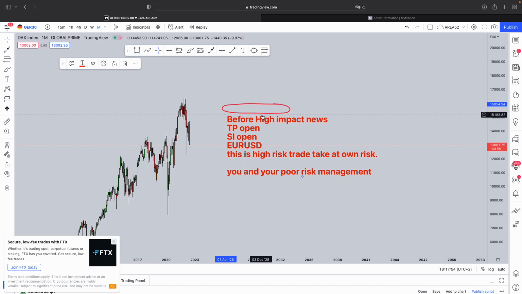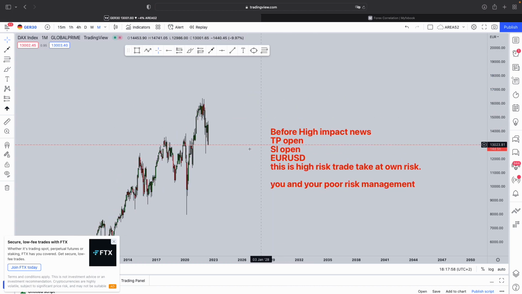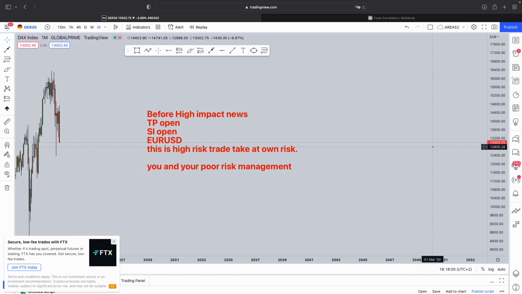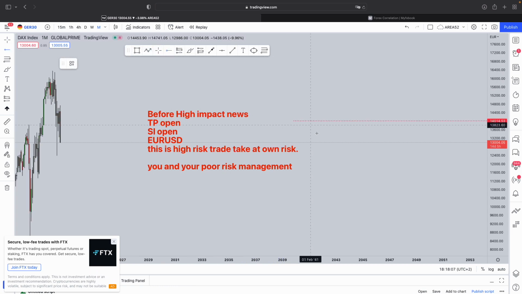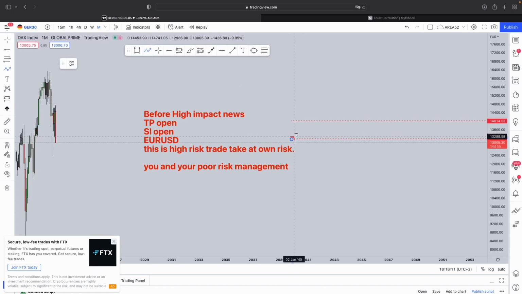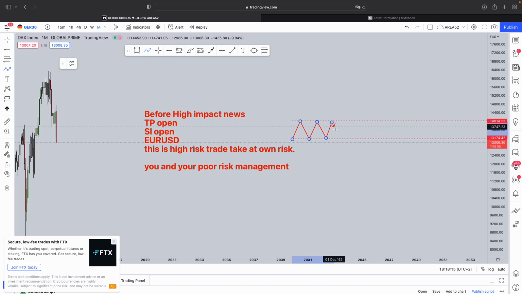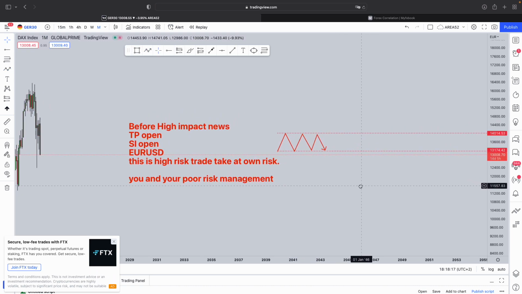And then secondly, people that trade before high impact news. Those are the people I call gamblers. They normally set a buy stop and a sell stop before fundamental data gets released, because they know before high impact news is released, the market tends to consolidate due to uncertainty from investors waiting for the data to come out before deciding which way to take the market.